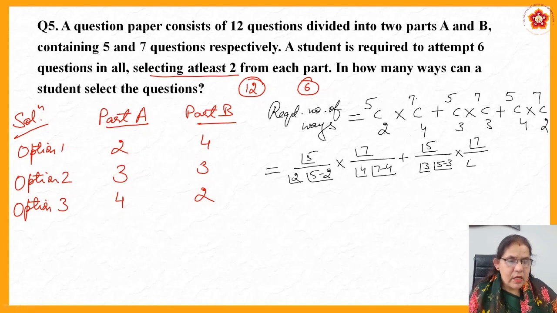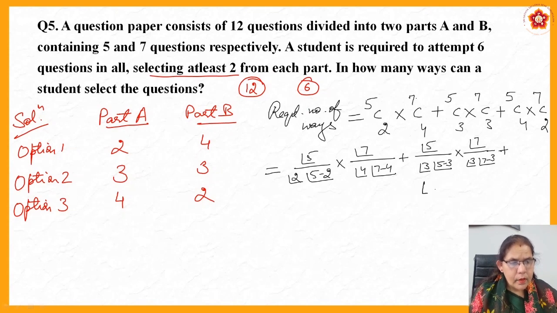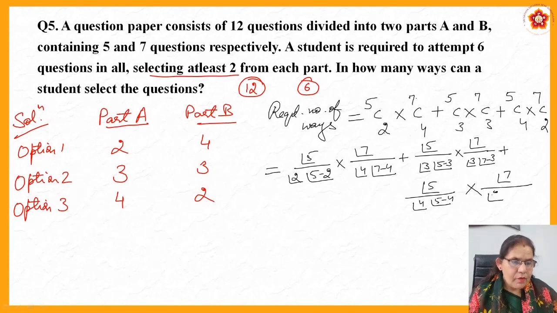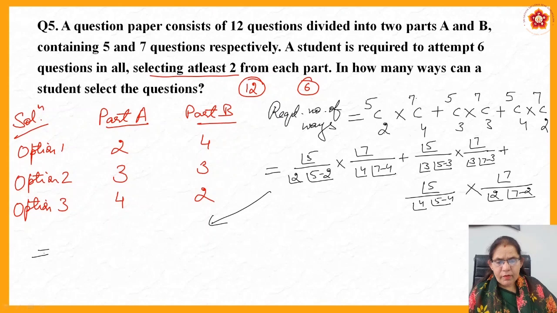Then 7C3, factorial 7 upon factorial 3 into factorial 7 minus 3. Then 5C4 is factorial 5 upon factorial 4 into factorial 5 minus 4. 7C2 will be factorial 7 upon factorial 2 into factorial 7 minus 2. Please solve it and see what is the answer that we are getting.